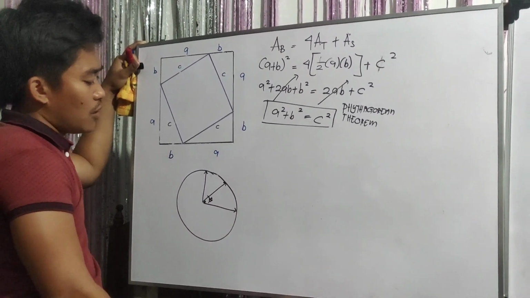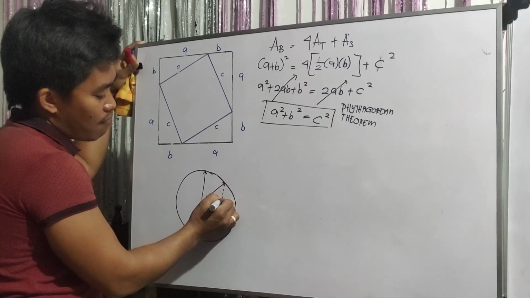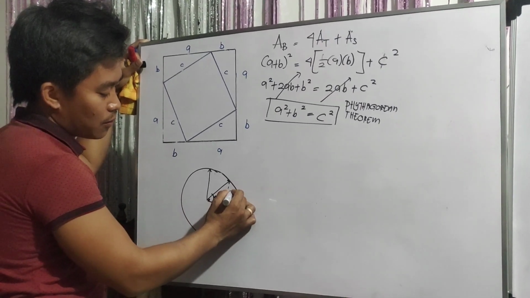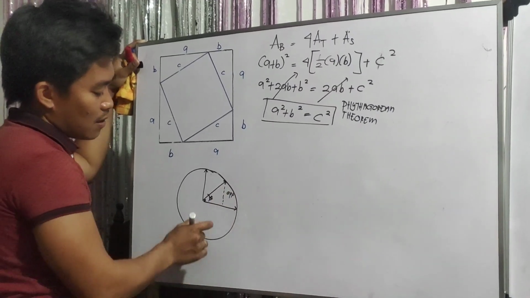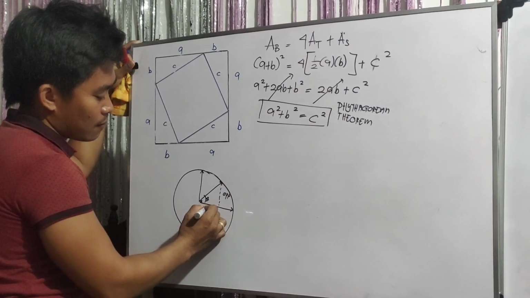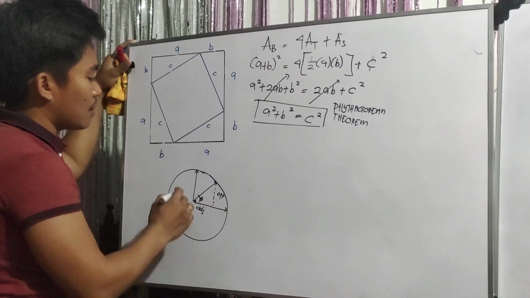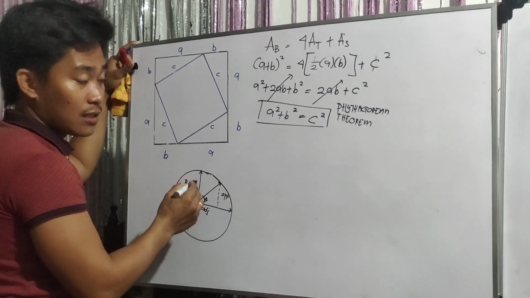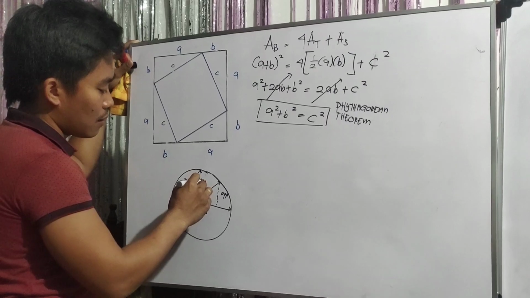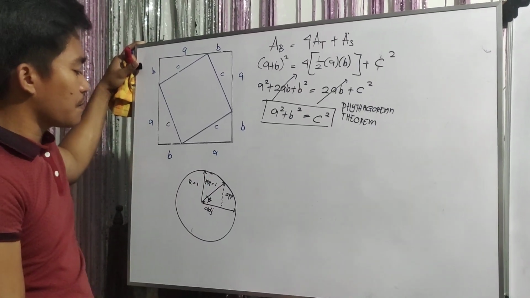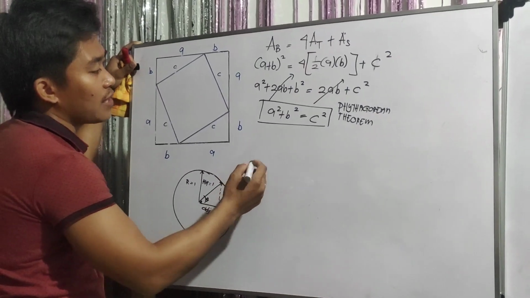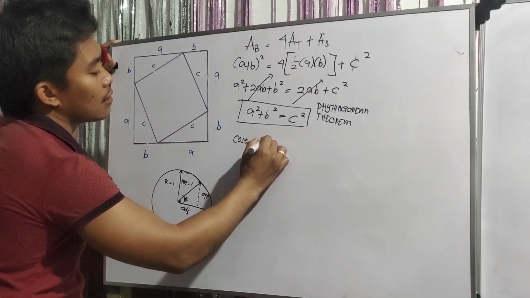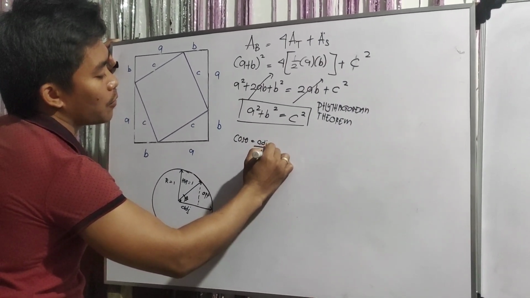Now, if you take its vertical and horizontal projection, this side is opposite to this angle. So we call that opposite. And of course, this side is adjacent. Now guys, this hypotenuse is of course the radius of the circle, which is 1. Now, from trigonometry, cosine theta is just adjacent over hypotenuse.